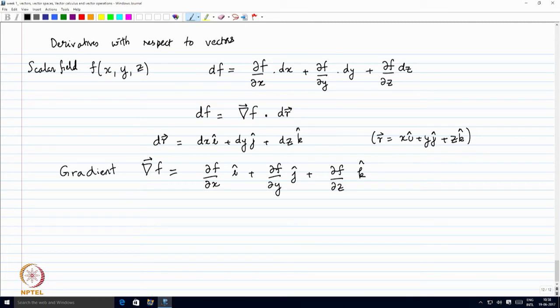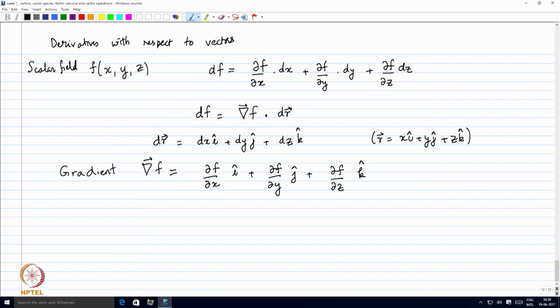So, now, you can see that the differential change in f is given by the gradient dotted into the differential element dr. Okay. dr is a vector, gradient of f is a vector, and their dot product gives you the differential change in f. So, that is the change in f due to change in x, change in y and change in z. So, the change in x, y and z causes a change in the function f, which is related to the gradient of f.